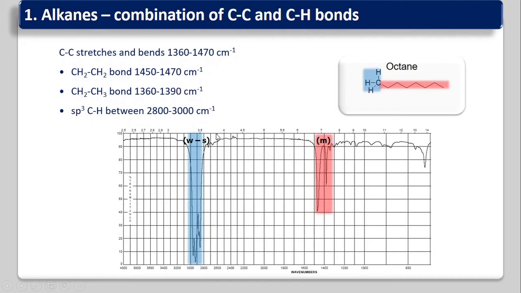So below 3000, or near about 3000, those peaks are for the sp3 hybridized CH bonds. These bands are not very useful for identification, as almost all organic compounds absorb in this area.